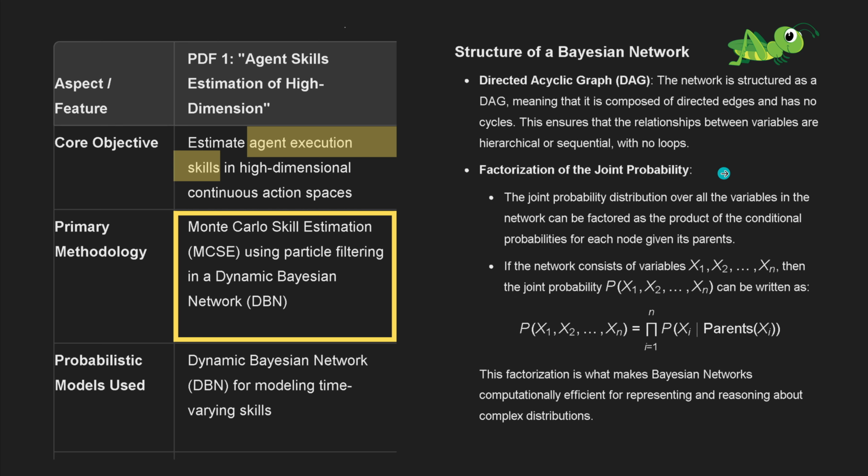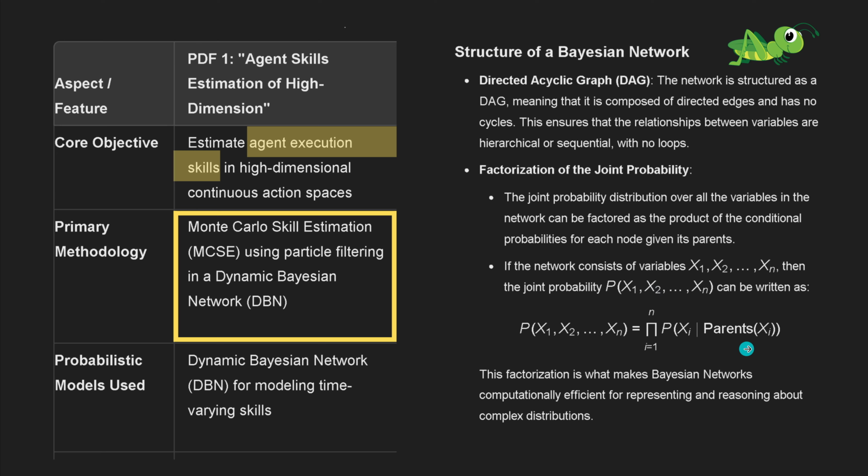And now, of course, the real beauty is that we have a factorization working here in a Bayesian network. So we have our DAG, and then we have the factorization of the joint probability. Without this, let's call it an idea implementation, we would have real problems calculating the joint probability.